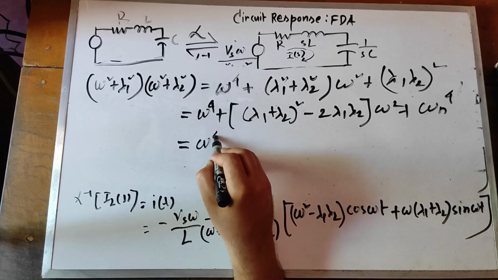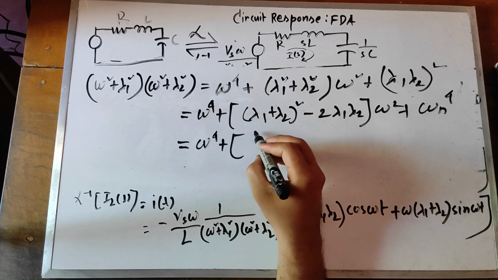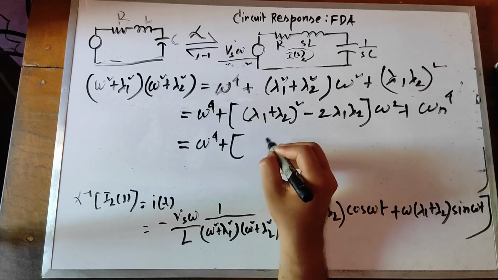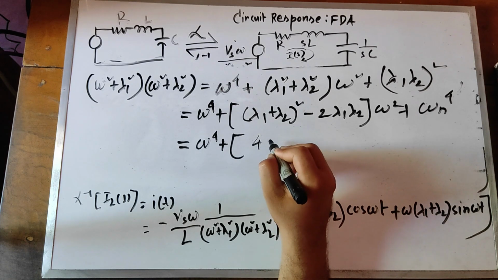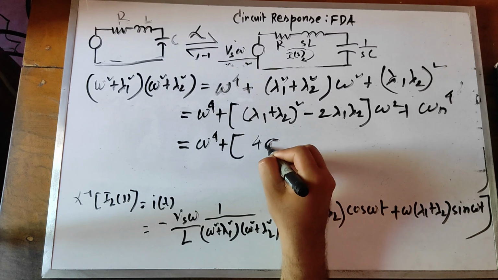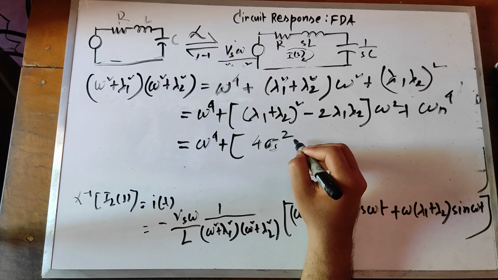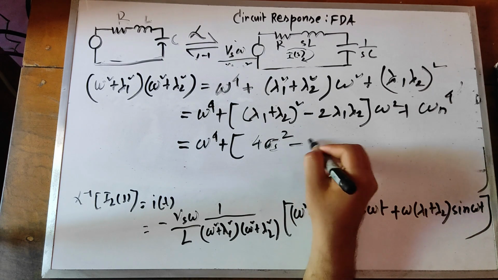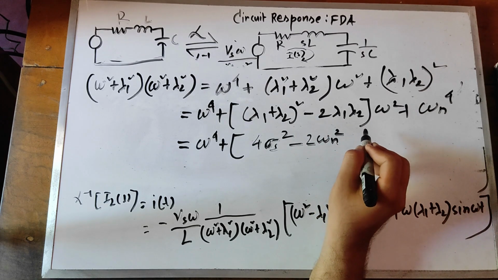So omega 4 plus lambda 1 plus lambda 2 gives me 2 sigma s, minus 2 sigma s, so it will become 4 sigma s squared. Now this is 2 omega n squared.